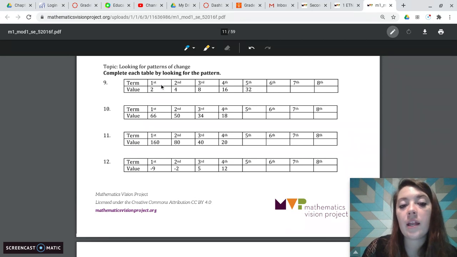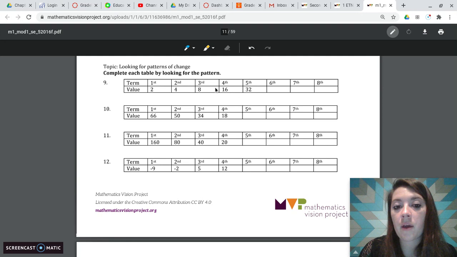So if we look at our sequence here, we're going from 2 to 4, 4 to 8, 8 to 16, and 16 to 32. Are we adding the same amount every single time? No. Are we subtracting? Definitely not, because we're going up in our numbers.